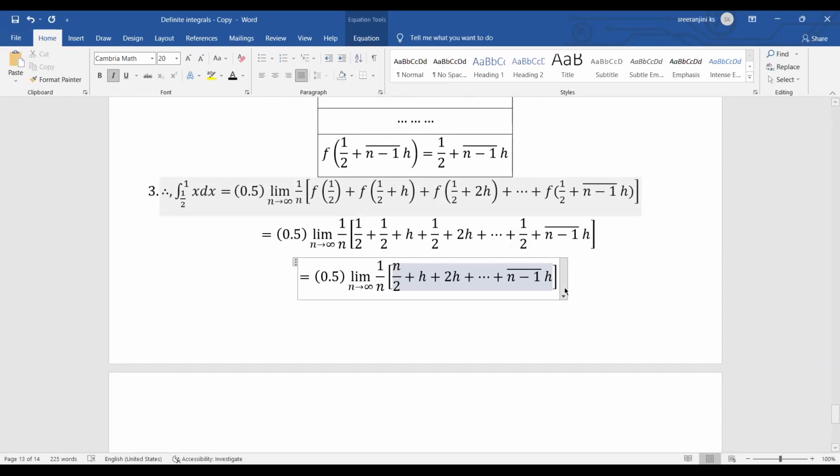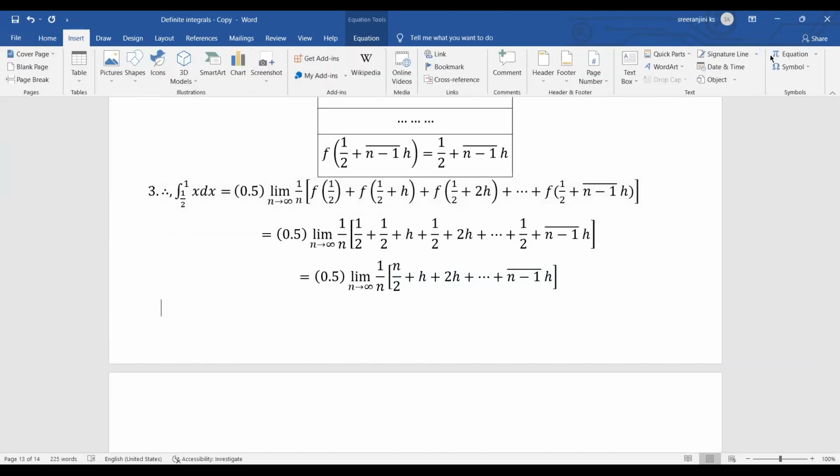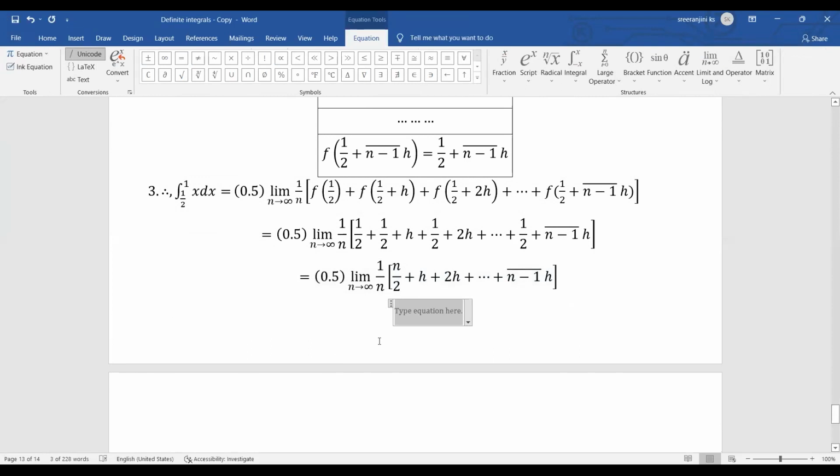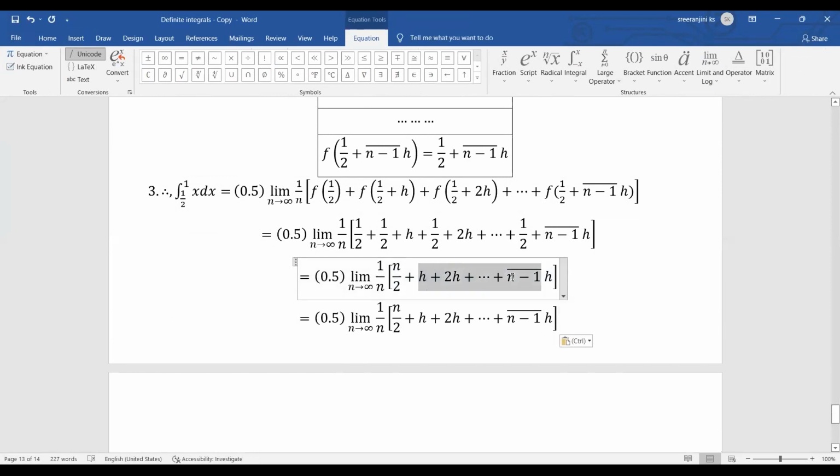So this is equal to n by 2 plus... See, h is common for all these terms.